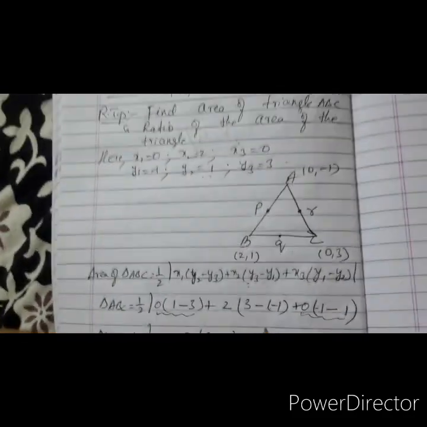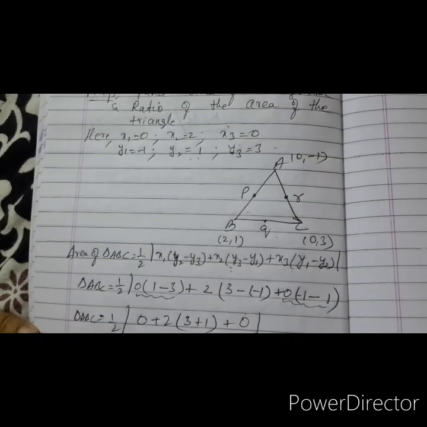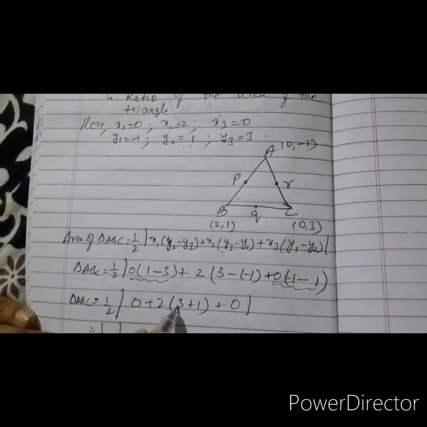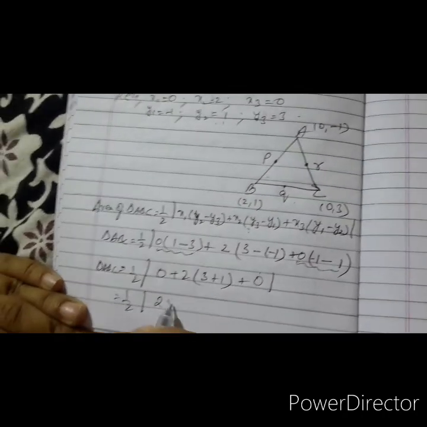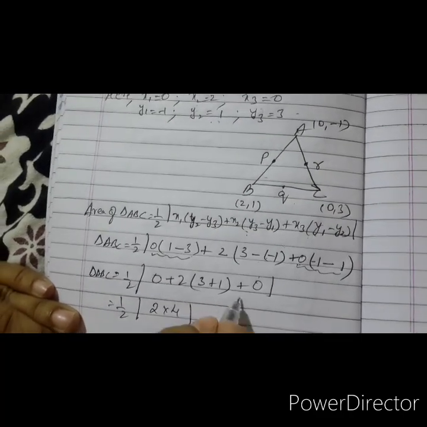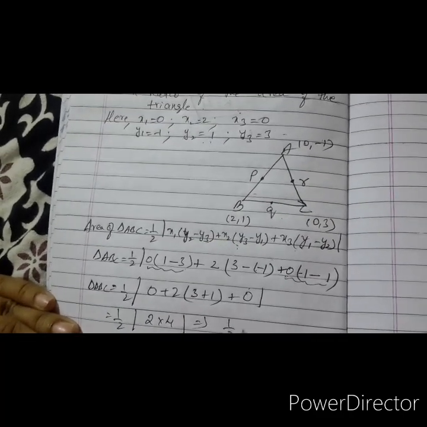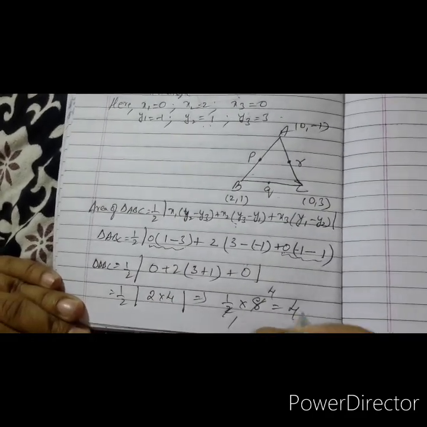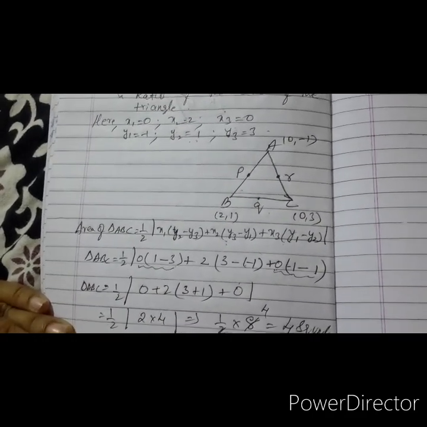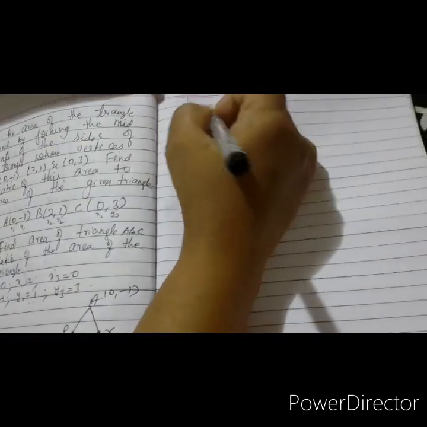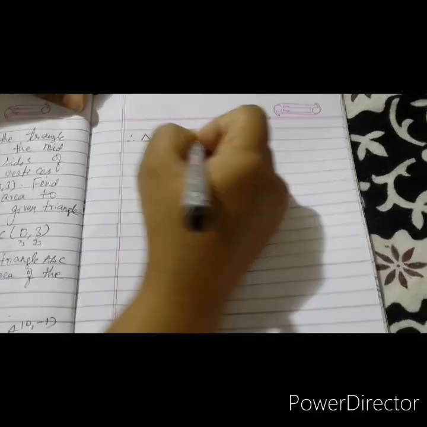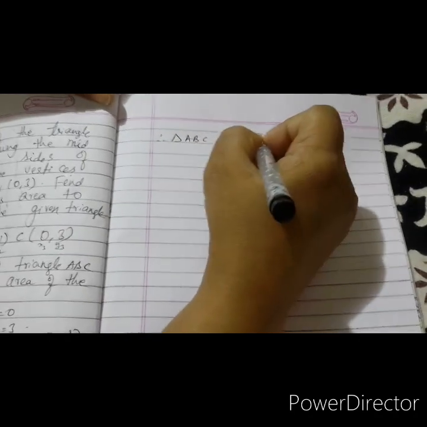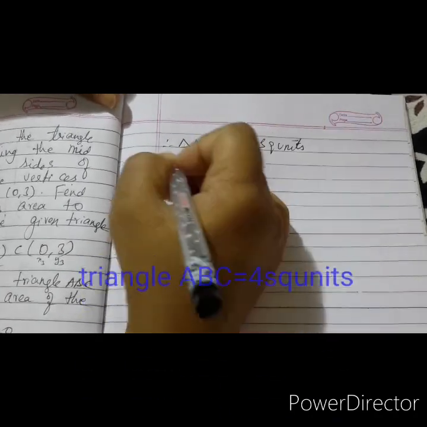Now half into 2 into 4, that is 8. Half into 8 is 4 square units. Therefore the area of the triangle ABC is 4 square units.